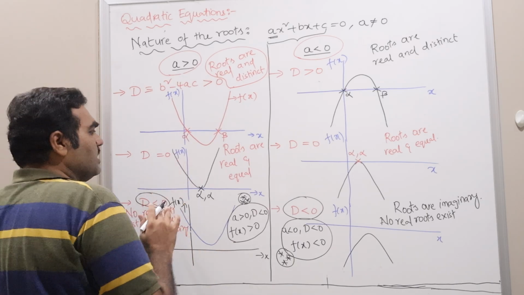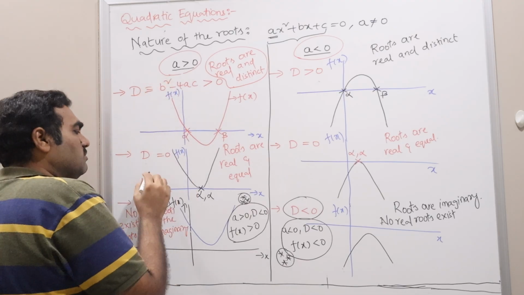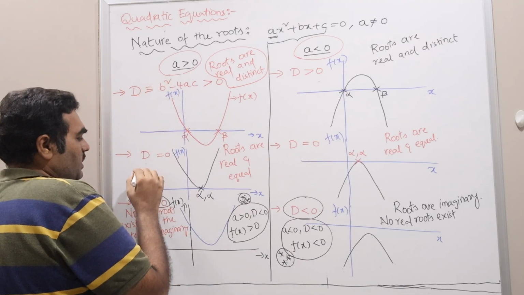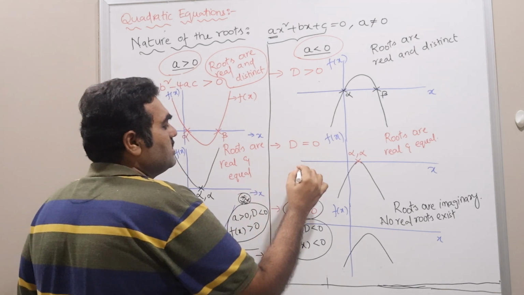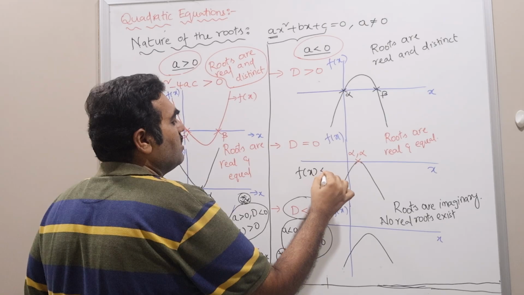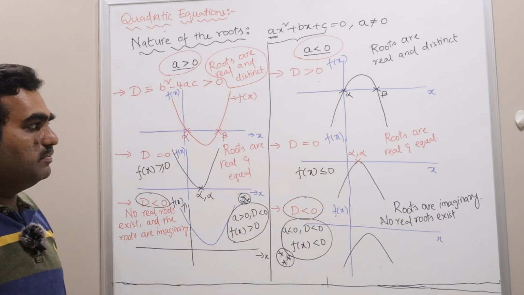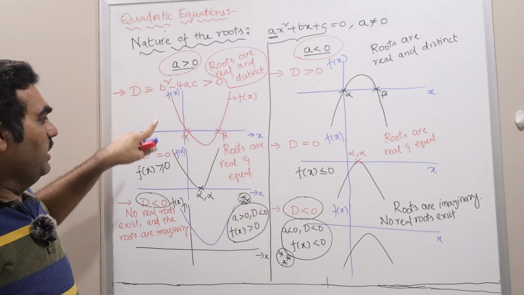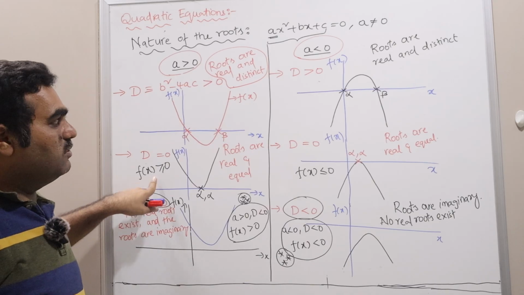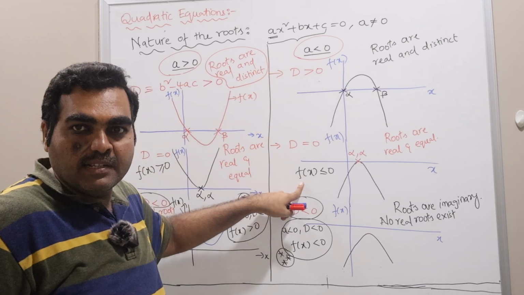Whereas if you see the other cases, when d is equal to 0 and a is greater than 0, f of x is greater than or equal to 0, and in this case f of x is less than or equal to 0 here for a zero discriminant case. For zero discriminant case with positive a, f of x will be greater than or equal to 0. For zero discriminant with the negative a, f of x will be less than or equal to 0.